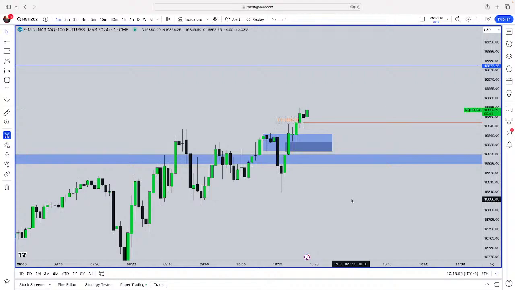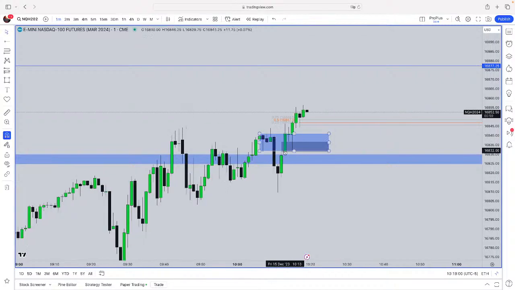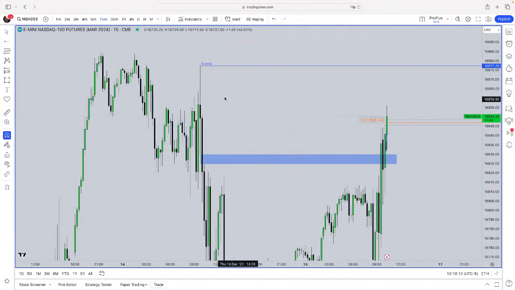Now the entry, I'd say the entry was down here, this fair value gap here, in my opinion, inside the bullish breaker and a silver bullet fair value gap. Take partials at the 15-minute consequent encroachment, potentially as well.